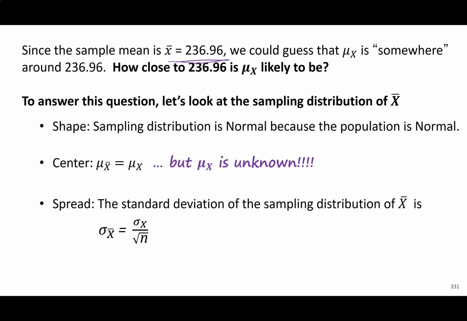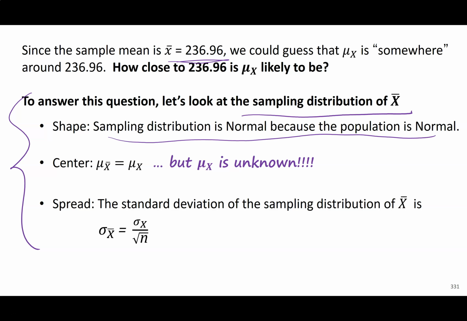Starting off, we need to know about the sampling distribution of X bar. We already know a few things. We know that sampling distribution is normal because the population is normal, so we know how it's going to be shaped. We know how it's spread: sigma of X bar is just sigma of the population over the square root of our sample size.